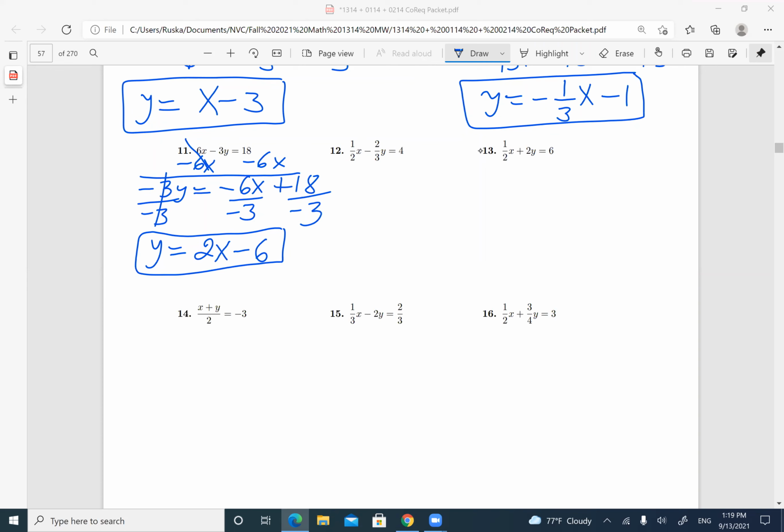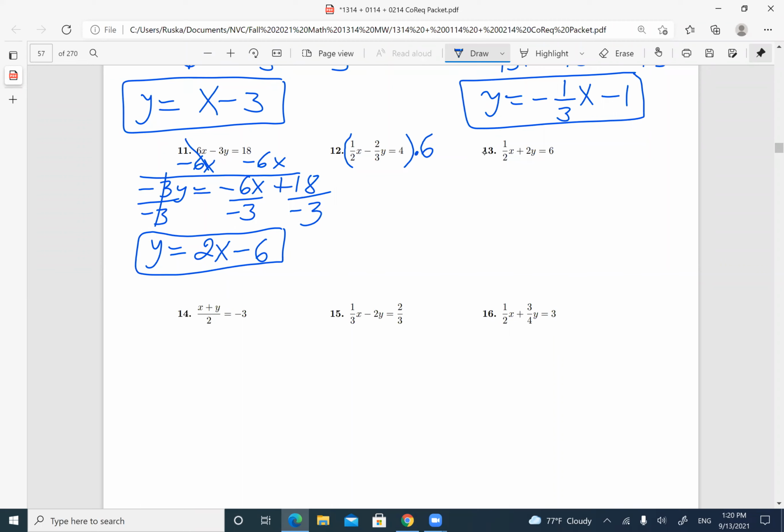So if I want to get rid of the fractions here, we're going to multiply both sides by the common denominator. So what are the denominators? The first one is 2, the other one is 3. So what you need to multiply is 2 times 3 is what? 6. So I'm going to multiply both sides by 6, everything by 6.